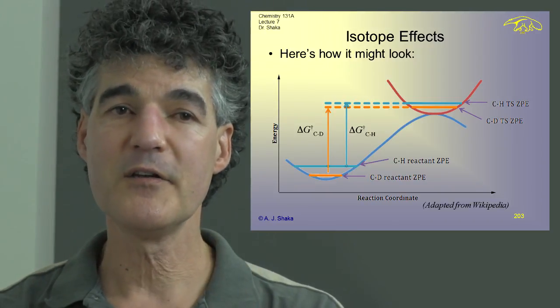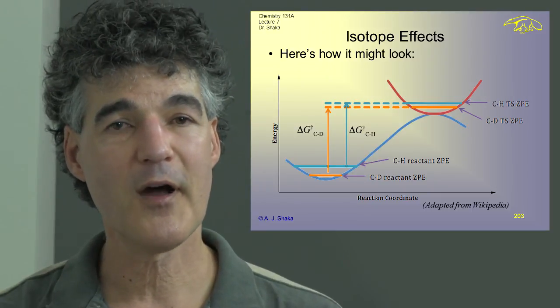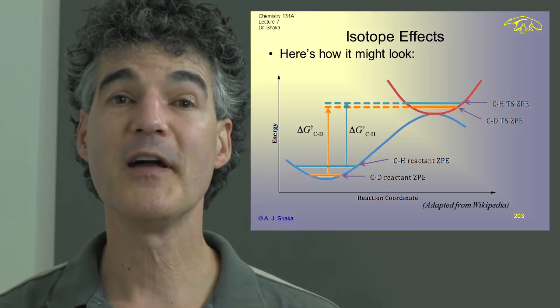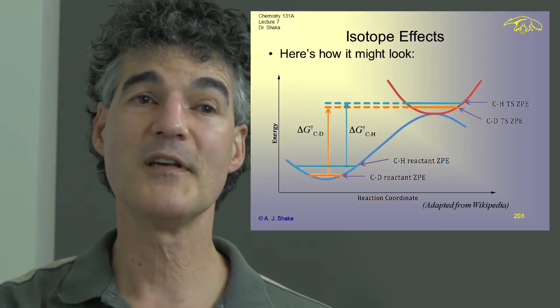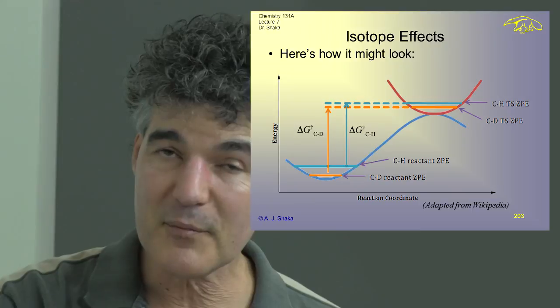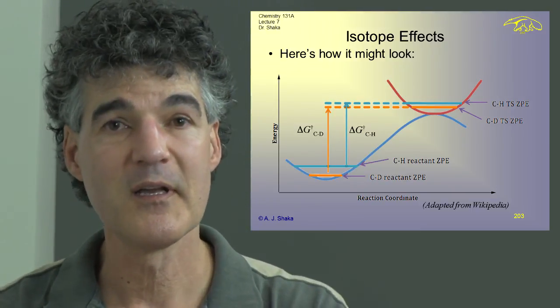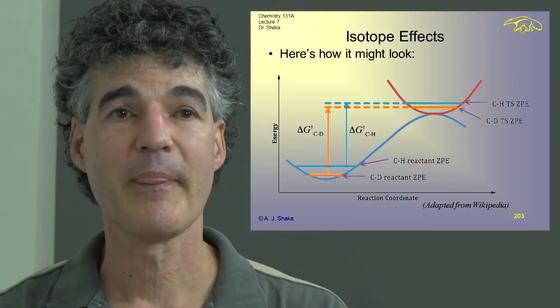You put in a deuterium as a spy and you look for the deuterated product versus the protonated product, and boy, do you find a ton of information. So this is now translated all the way from this esoteric effect of the harmonic oscillator, the uncertainty principle, and zero-point energy, all the way to modern medicine, where it's used to figure out what's going on in the body.